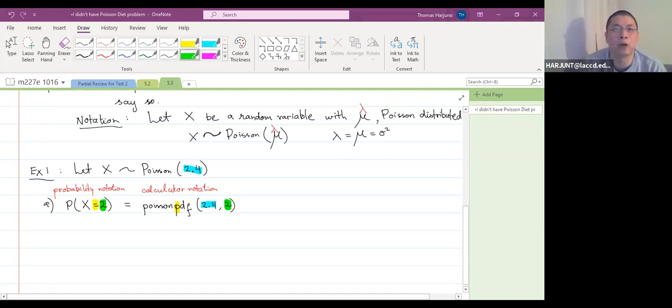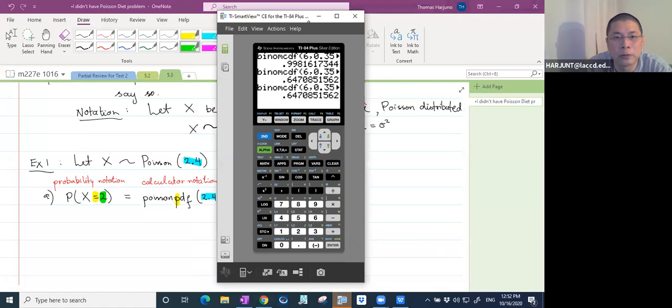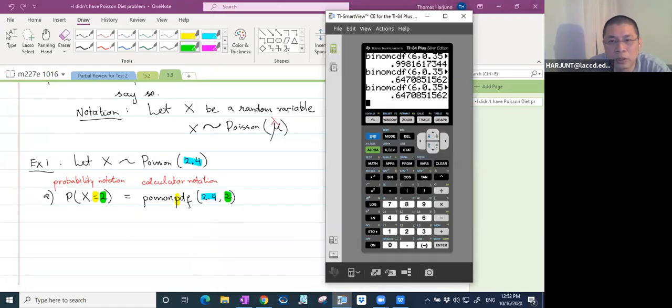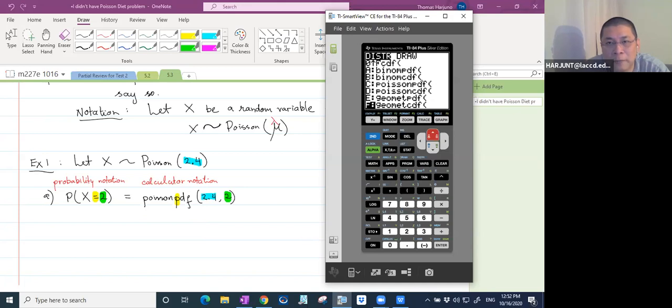Now then, how to use your calculator. Poisson distribution is actually right below binomial distribution. So we go to second distribution, you go down, you see below binom PDF, you see binom CDF, and then Poisson PDF. After that, Poisson CDF.